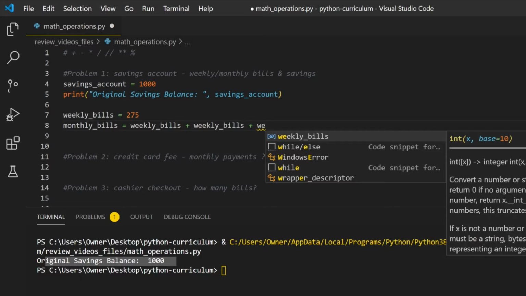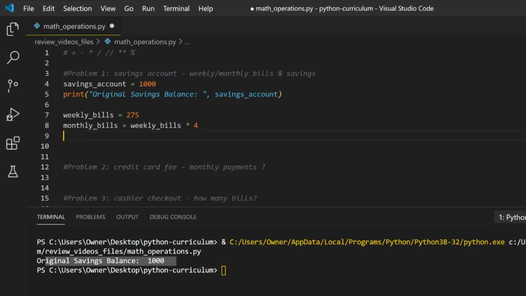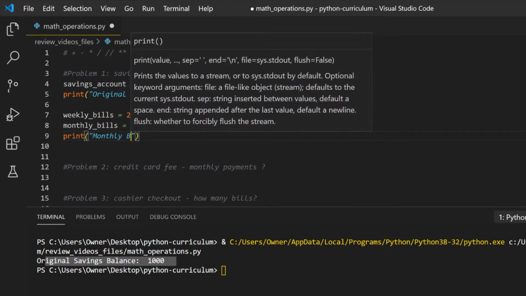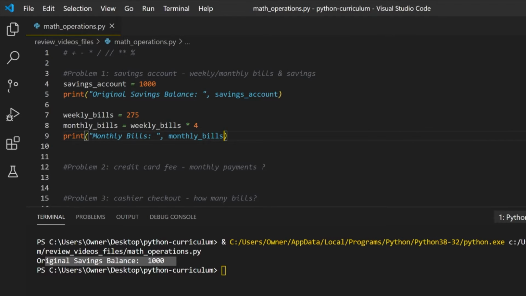We can shorthand that with multiplication and say our monthly bills is going to be equal to whatever our weekly bills are, times 4. Okay, cool. And then we can also print that out right here. So we can print out monthly bills is going to be monthly bills.